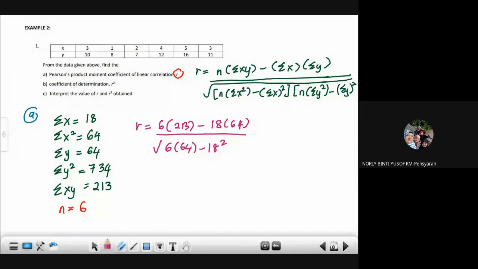Summation x is being squared, summation x is 18, 18 squared. So ini, lepas tu darabkan times with 6 times summation y squared is 734 minus with summation y being squared, so 64 squared. So kena masukkan dengan betul lah dalam formula tersebut.